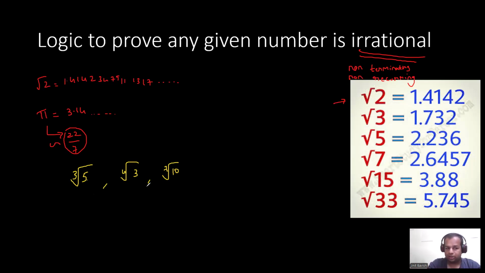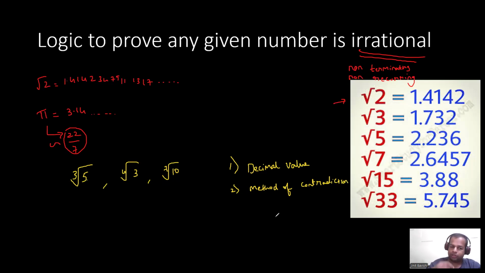One way is finding the decimal value of it, which is not very easy to do. The second way is the method of contradiction. The method of contradiction is something we'll be learning from our 10th standard point of view.